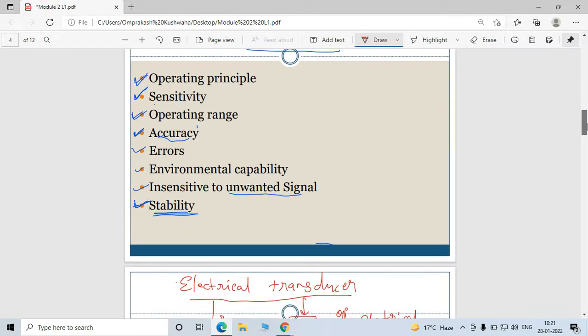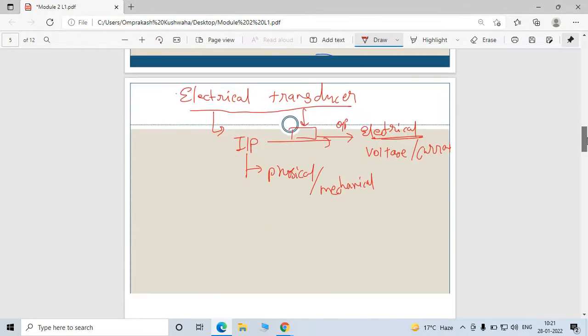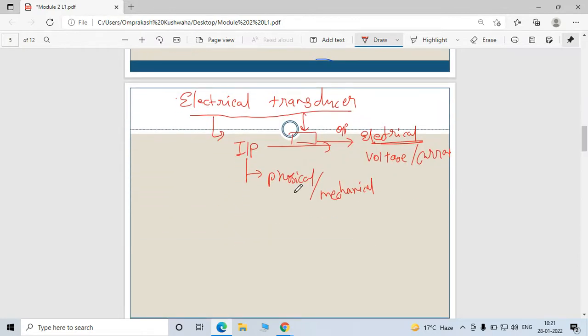Now, in the same way, a transducer must have the above characteristics, that is sensitivity, and linearity is also important. For any instrument, if you choose a linear scale, then we do not lose our accuracy.